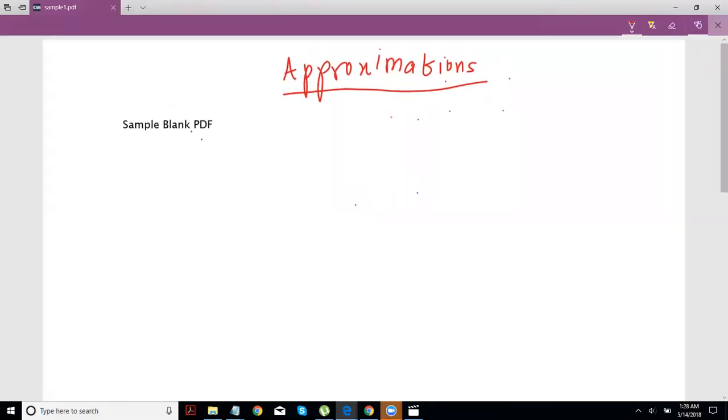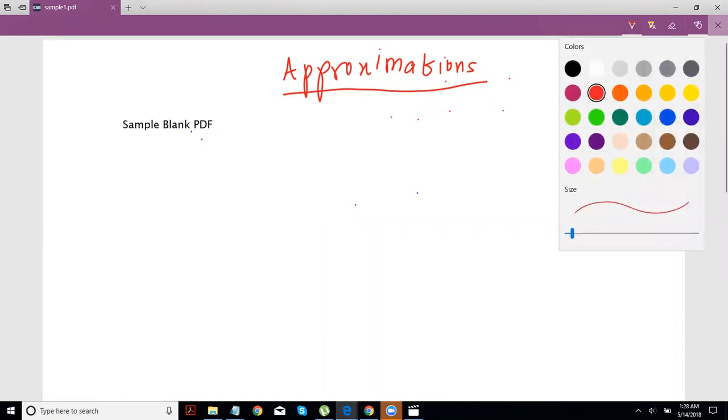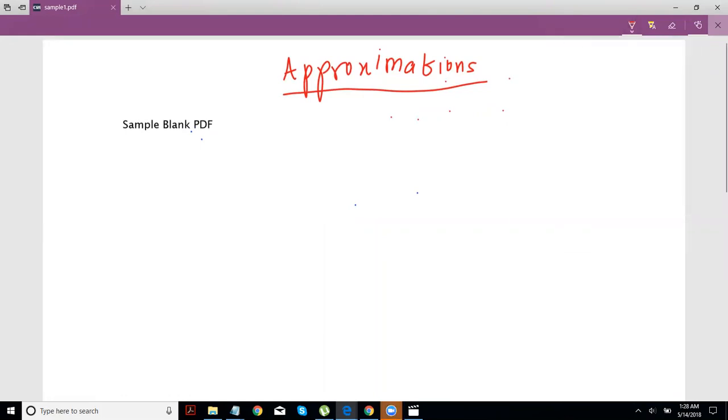Approximations. So out of the three distributions you have, binomial, Poisson, and normal, the idea here is the normal is where it's easiest to manage even larger values. So you can go from binomial to Poisson.